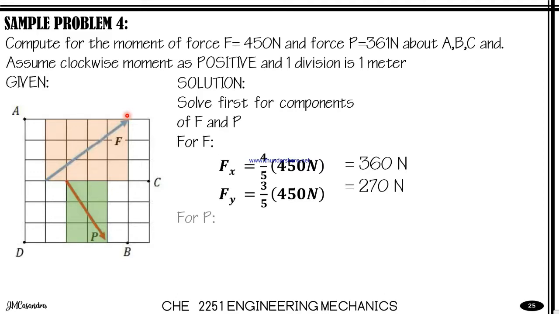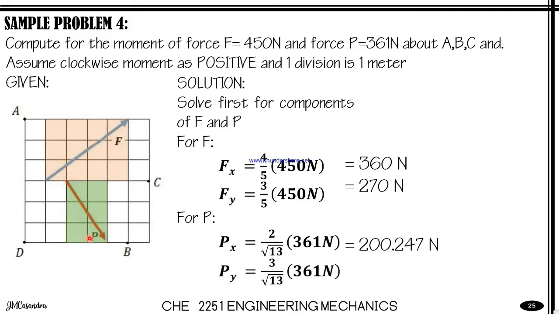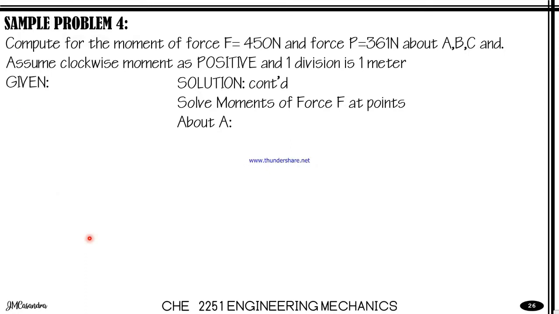So for force P, you will now have 2 over square root of 13 times 361 for the x component, and for Py, we will have 3 over square root of 13 times 361 newtons, which will give us a value of 200.247 newtons and 300.37 newtons respectively. So from these values, we can now solve for the moment of the forces.